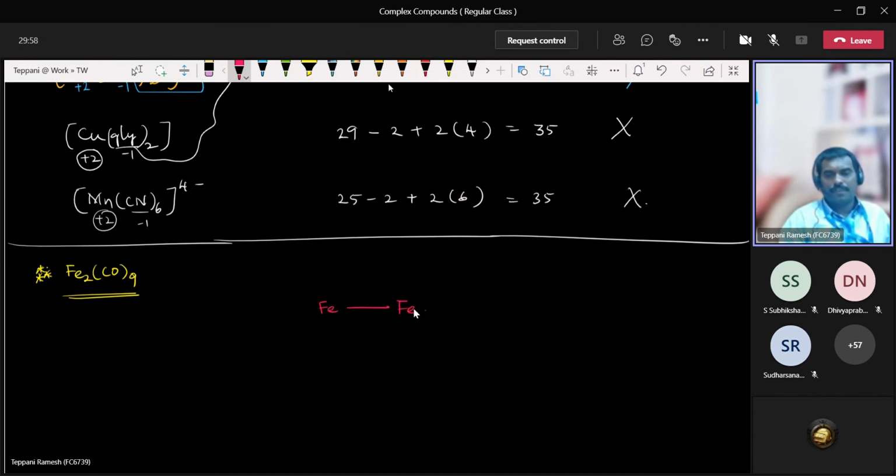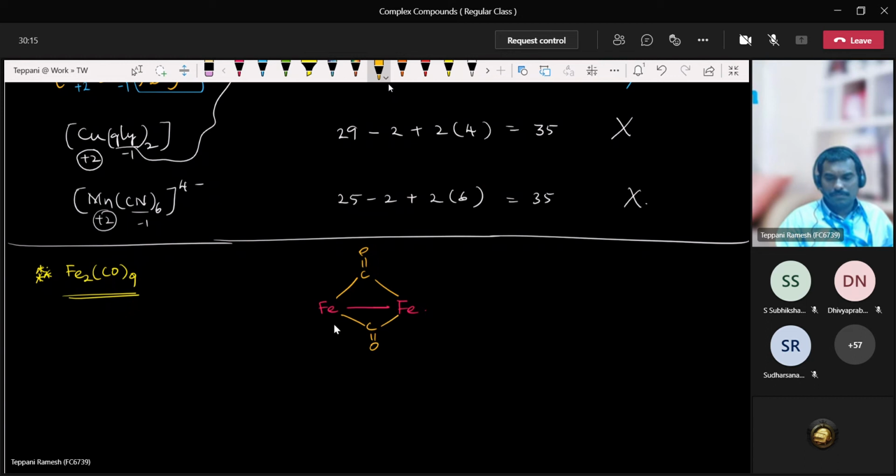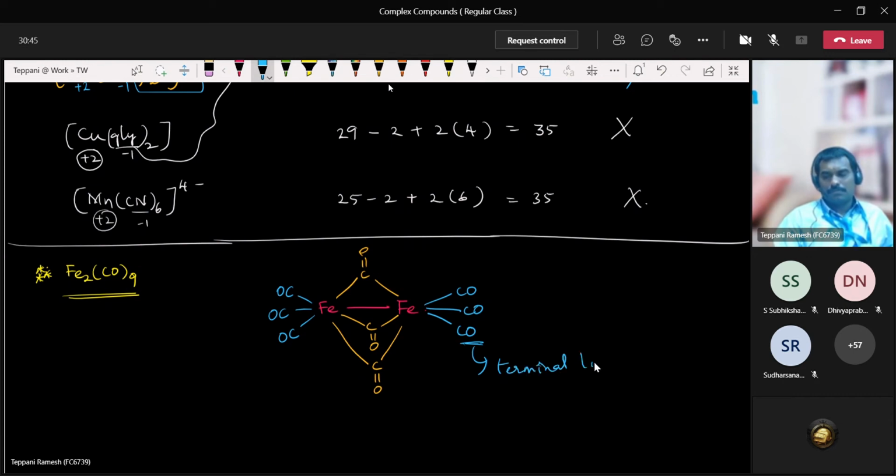There are special cases there. The structure also you should know.